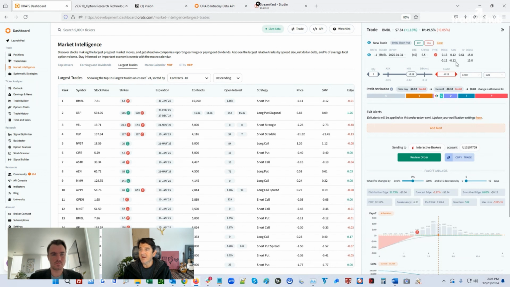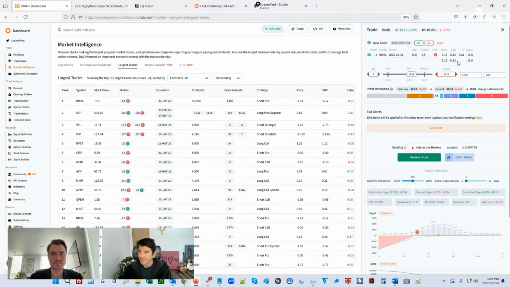So the price that if we sold it, now it would be getting 12 cents, which is 2 cents away from the bid, 3 cents away from the ask. So we put it either at the mid, or if there's no mid, we put it slightly towards the natural, or in this case, the bid. If we were buying, the natural would be the ask. So far, so good, Tyler?